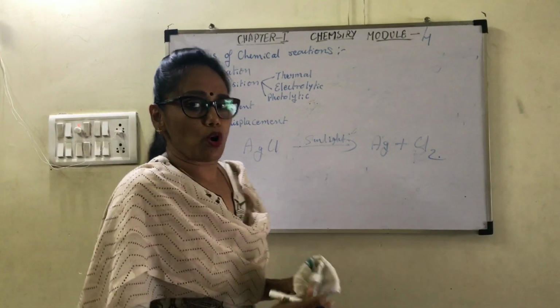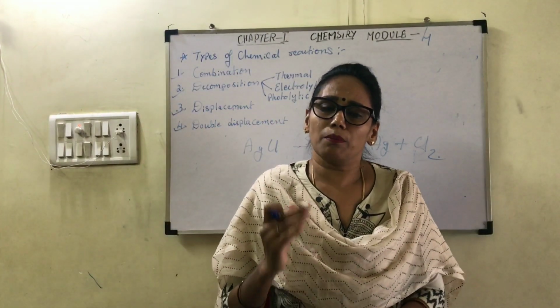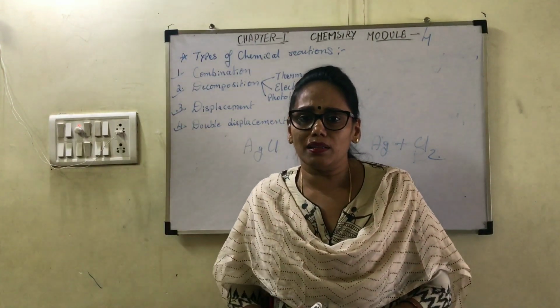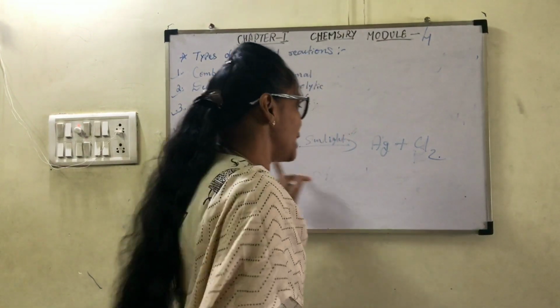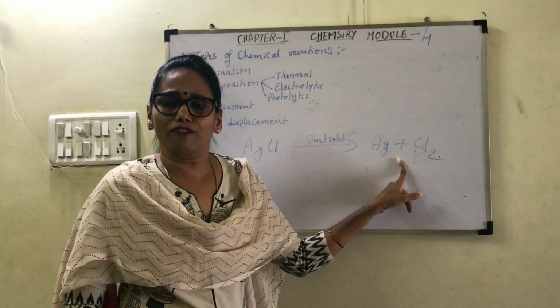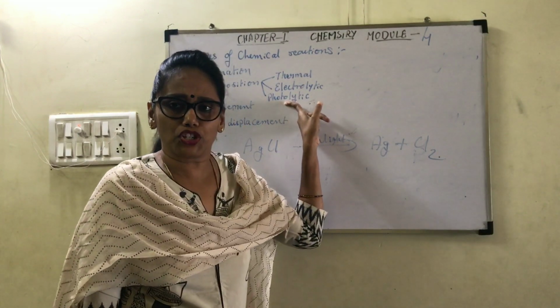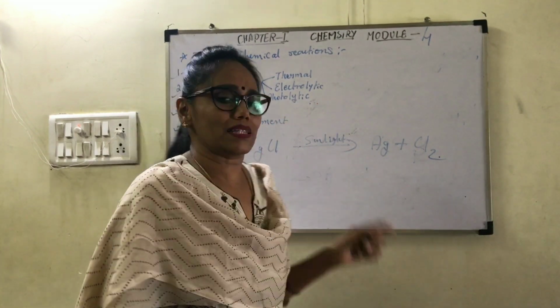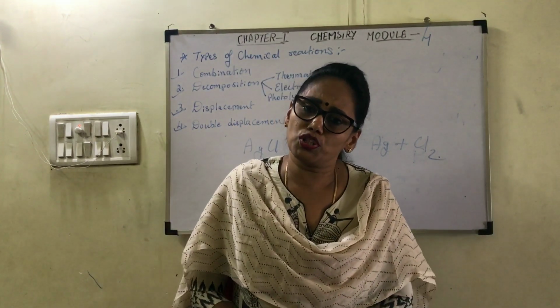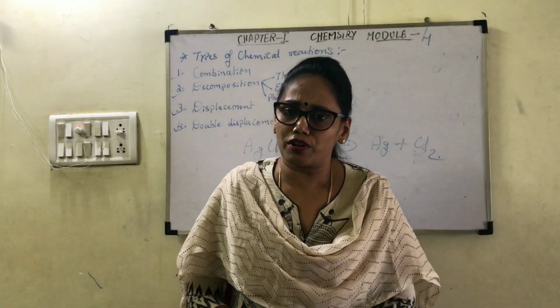Similarly, silver bromide also gives you the same product, silver and bromine, in the presence of sunlight. This type of splitting up of the substance in the presence of sunlight is called photolytic decomposition, and these two, silver chloride and silver bromide decomposition, is used in black and white photography.